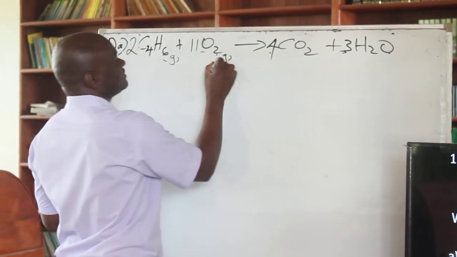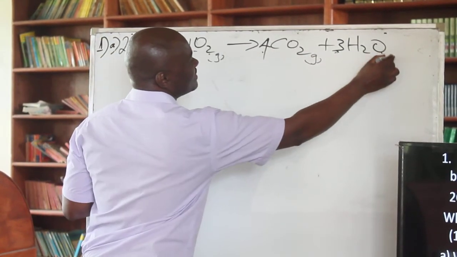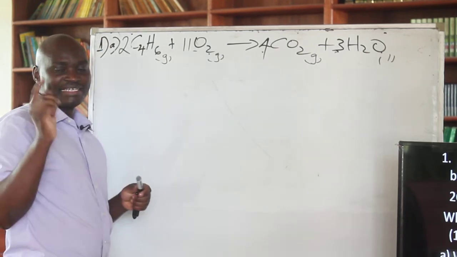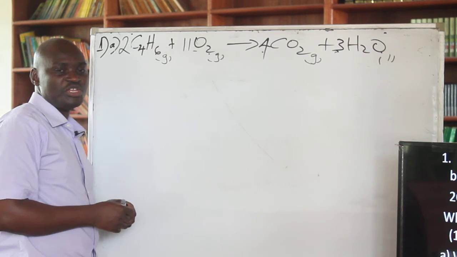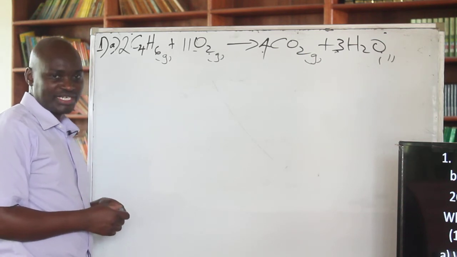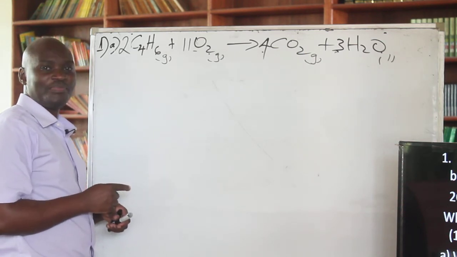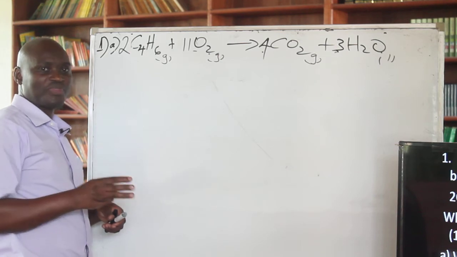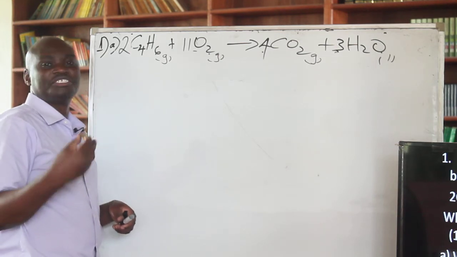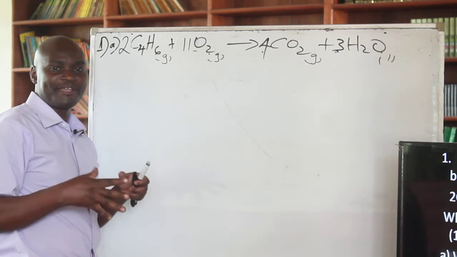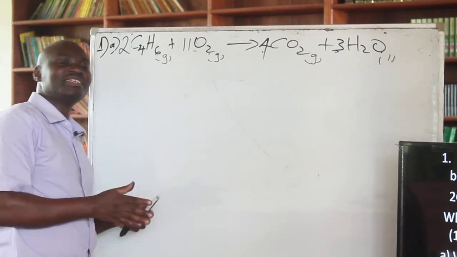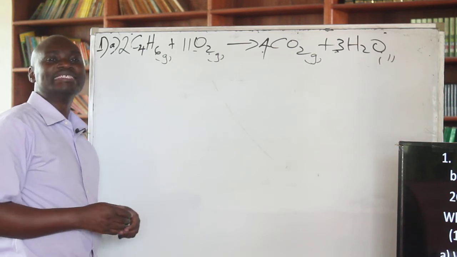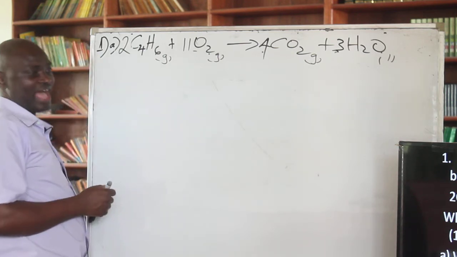The states are gas, gas, gas, liquid. Take note that Gay-Lussac's law applies only to gases, not liquids or solids. According to this law, liquids and even solids are assumed to occupy 0 volume.